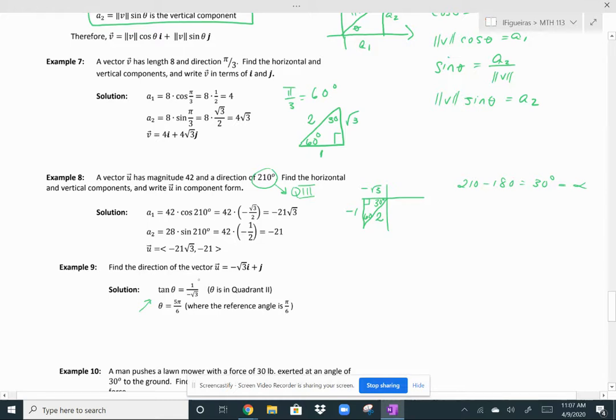So in this case, that'll be 1 over negative root 3. And we know that we are in quadrant 2 because the x component is negative and the y component is positive. So negative x and a positive y means you're in quadrant 2.